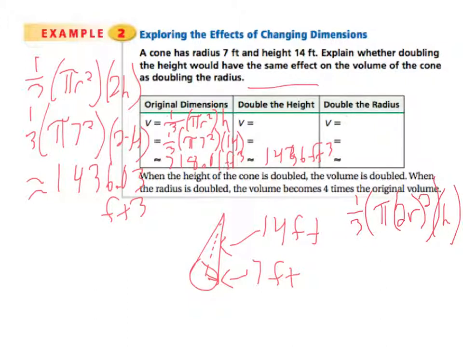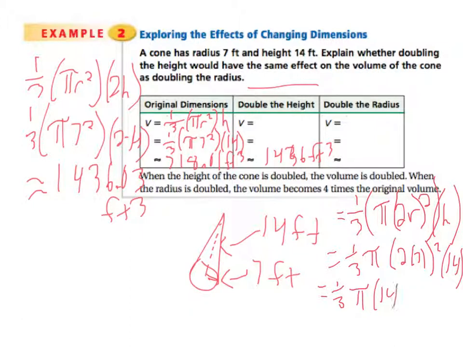Because we want to double just the radius, we want to double it before we square it. So that's going to become 1/3 pi times 2 times 7 squared times 14. So 2 times 7 is 14. So it's going to be 14 squared times 14.